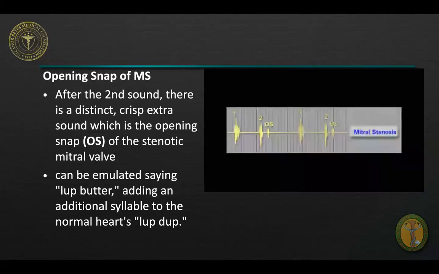The opening snap, OS, of the stenotic mitral valve is a distinct crisp extra sound. It can be emulated by saying "lap butter," adding an additional syllable to the normal heart's "tup-tup." Please listen to the sound.